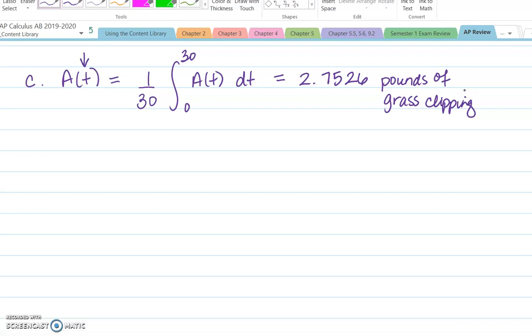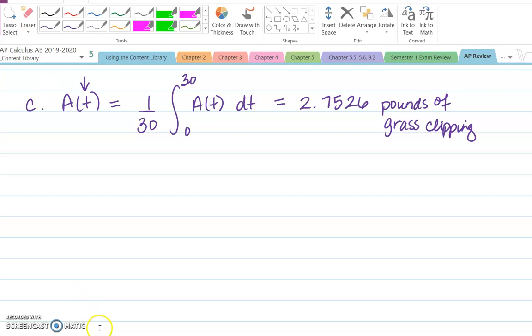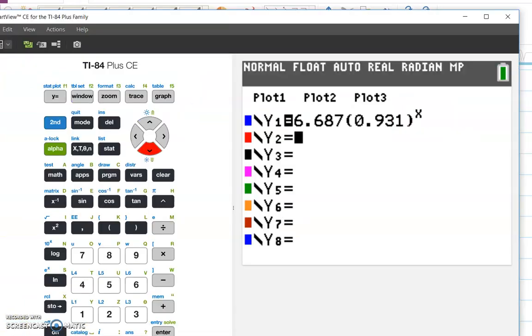So now go to your calculator. All right, so in my calculator, we've got our function, and then we set it equal to the average value. So that's 2.7526.